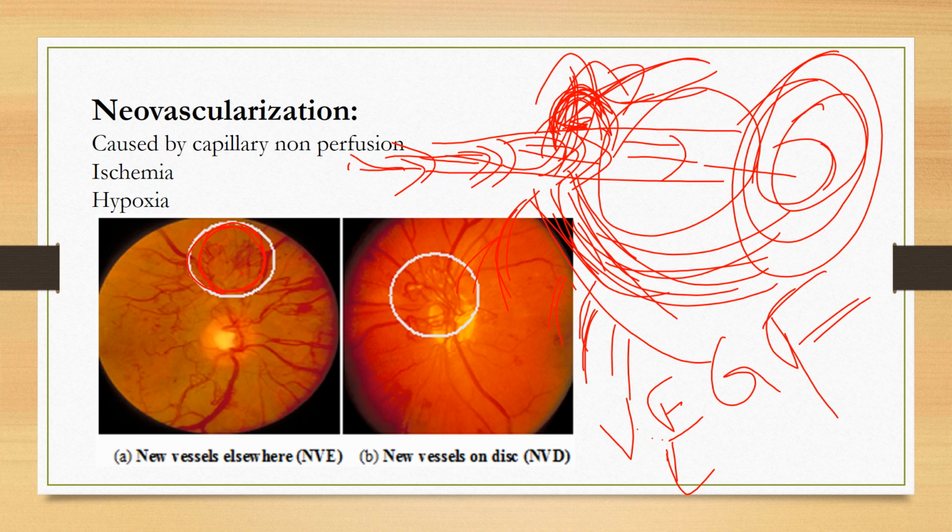That's how your retina keeps getting hemorrhage. This is NV, neovascularization elsewhere. It is not in the macula or in the disc. It is somewhere in the periphery, whereas this is in the disc. So this is called neovascularization in the disc.